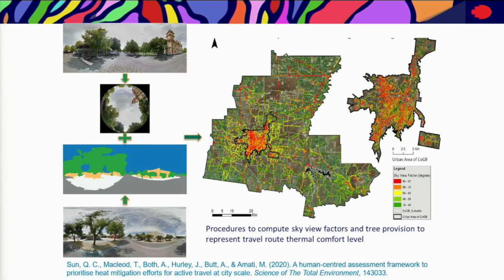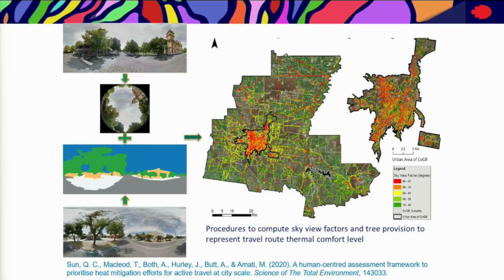In the second research, we used Street View imagery to understand tree provision and tree shade, and also to calculate one important streetscape indicator called the sky view factor.